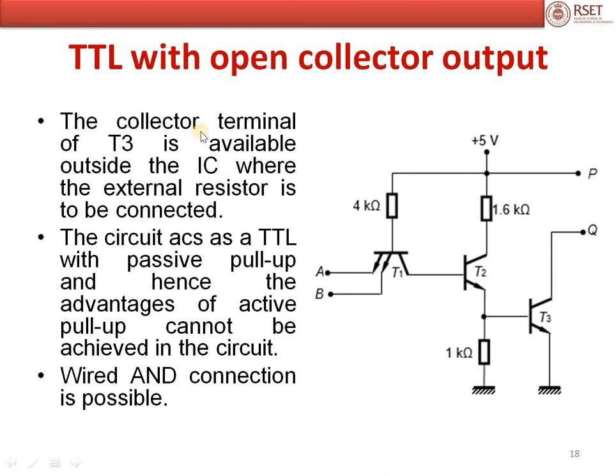So the collector terminal of T3 is available outside the IC where an external resistor is to be connected. The circuit acts as a TTL with a passive pull-up, hence the advantage of active pull-up cannot be achieved in the circuit. So here the wired AND connection is possible.